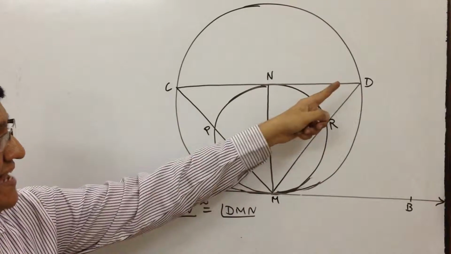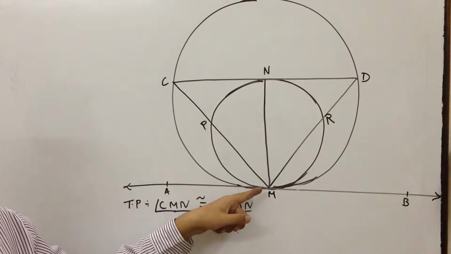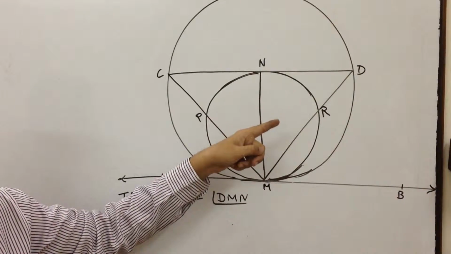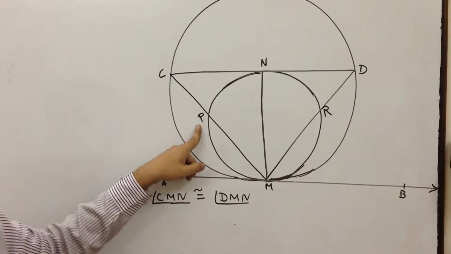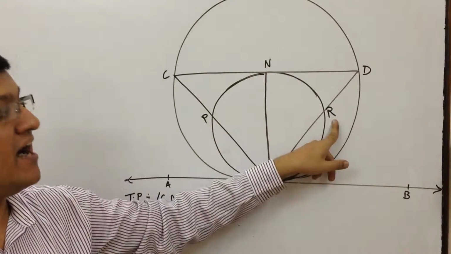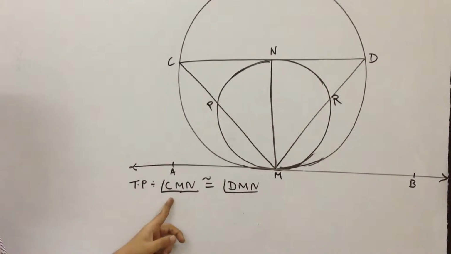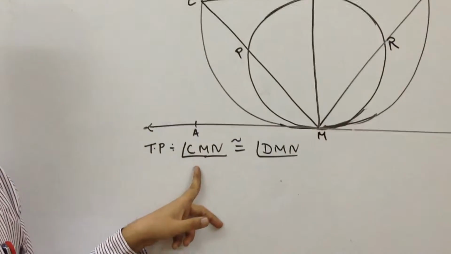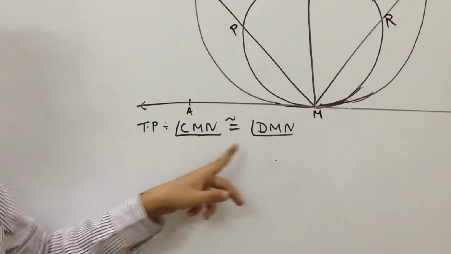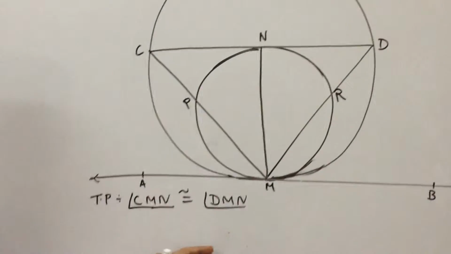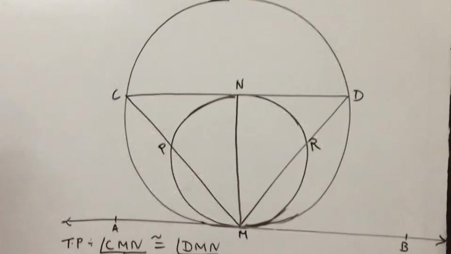CM and DM are two chords of the larger circle intersecting the smaller circle in points P and R respectively. What we intend to prove is angle CMN congruent to angle DMN. I haven't proved it yet.